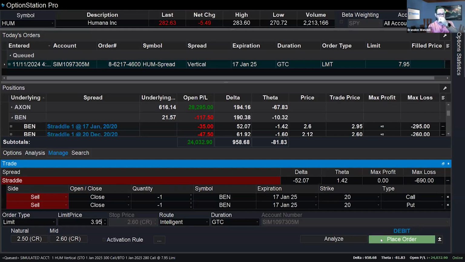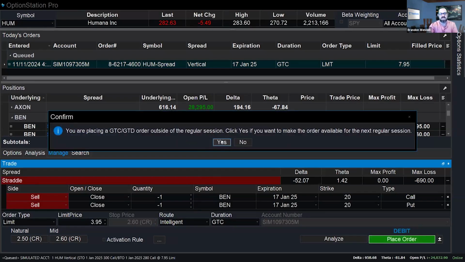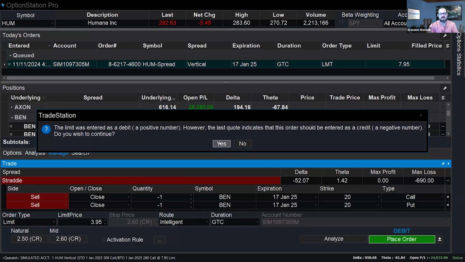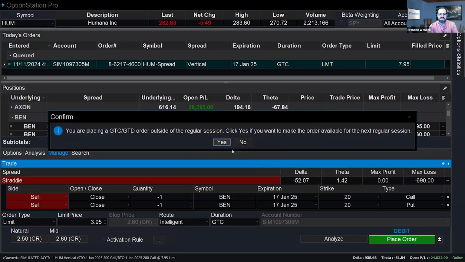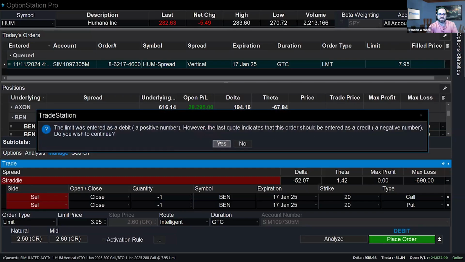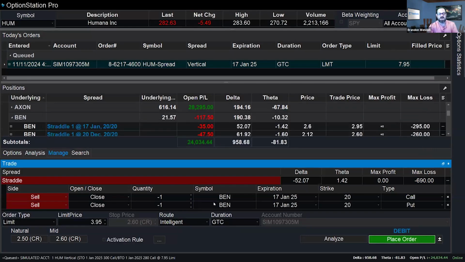And once it hits my profit target of $1 or $100, I will exit. And I can place that order, again, good till cancel with the limit, and that's my target. Okay, what did it say? Yes. Oh, it should be a credit. Anyway, I can put that in to make my profit.